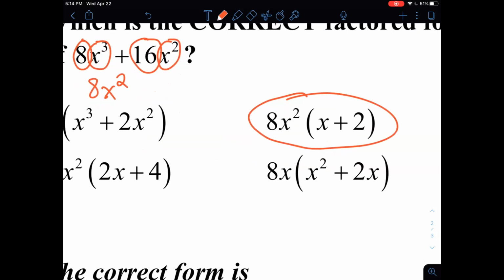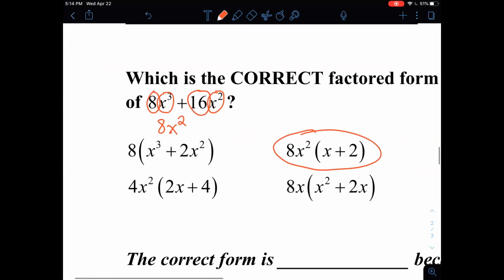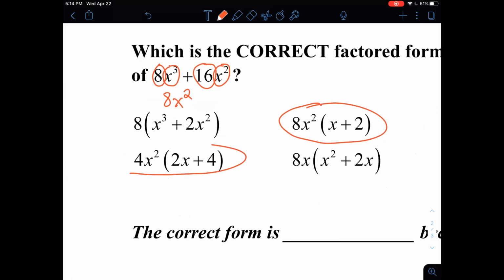Why don't we look at this one down here, okay? So they pulled out 4x squared, which is fine. But now look, is there a number that goes into 2x and 4? Yeah, you can actually pull out a 2, right? What's 2x divided by 2 going to be? It's x. And what's 4 divided by 2?